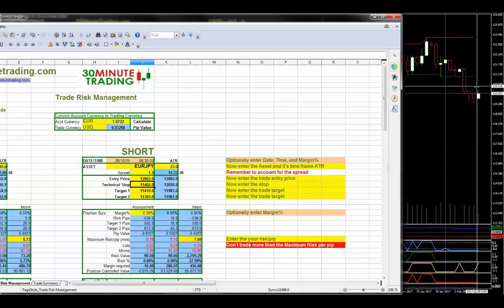But if we're going short and we had our stop up here somewhere, then we'd put in our stop price in there, 120.05 or something. That's too close. 120.40, how about that? Okay, so now we've defined where our stop would be, 120.40, roughly where that crosshairs is.